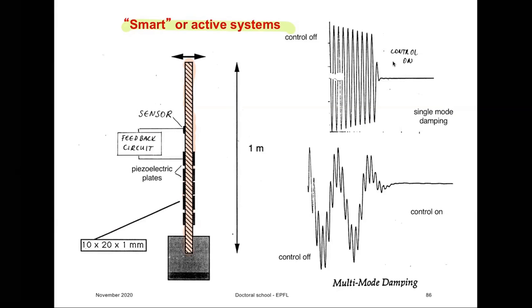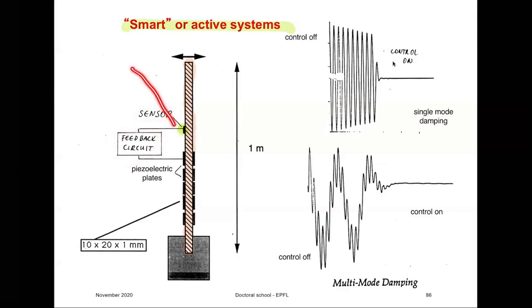Now, how can you control those vibrations? Well, you put a piezoelectric sensor at some strategic places, and as this beam bends, that will apply pressure on this sensor. Then you also put on this beam some piezoelectric patches, piezoelectric plates, actuators, and connect this sensor with the feedback circuit with these piezoelectric plates.